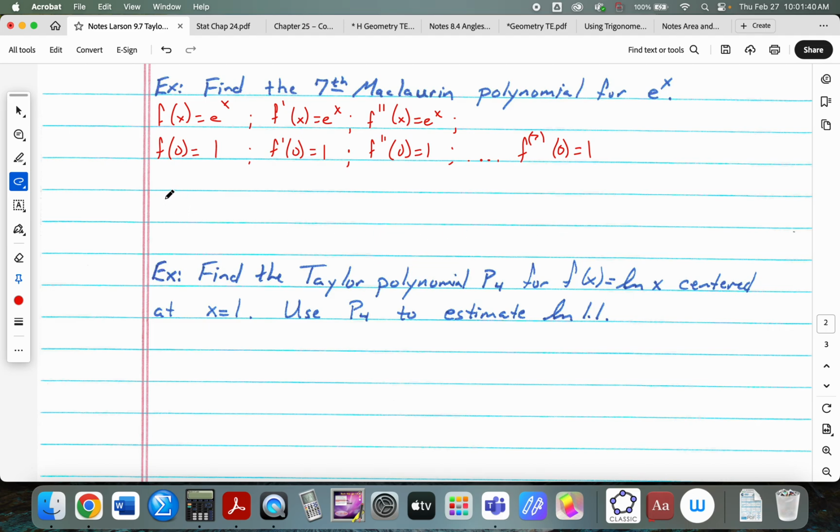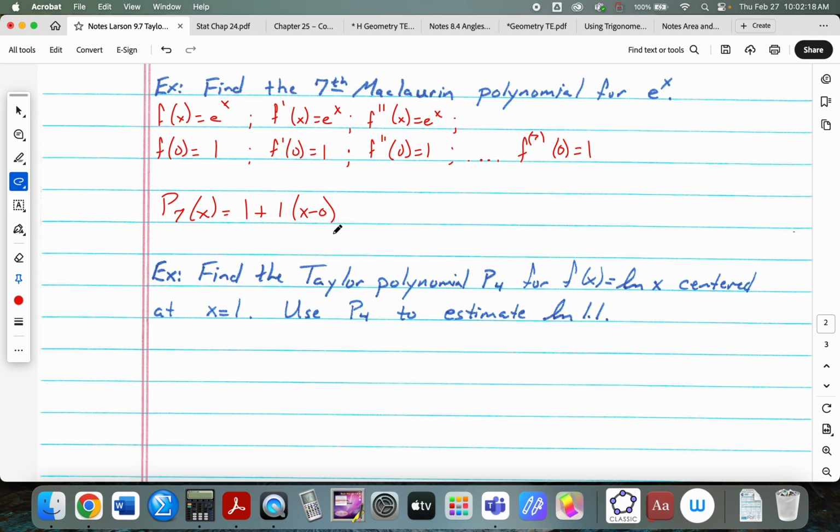So my 7th degree polynomial, p sub 7 of x, is going to be equal to, we start with just the value of the function, 1, plus the derivative, 1, times x minus c. And I know that it's 0 and I don't have to write it. I think it's just a good habit to get into, of always writing x minus wherever I'm centered. Okay, so far what I've got is the tangent line approximation.